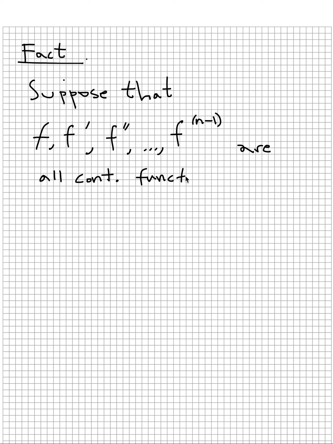Okay. Assume they are all continuous functions. Okay. And f to the nth order, and this is the key thing right from the beginning, is a piecewise continuous function.